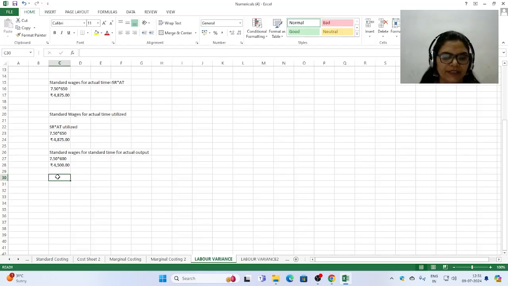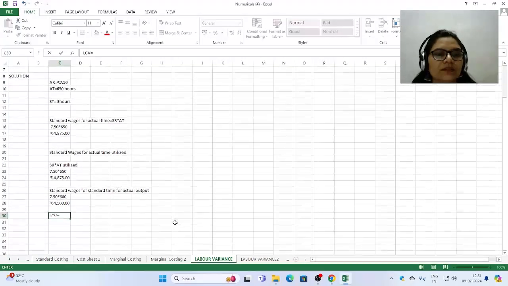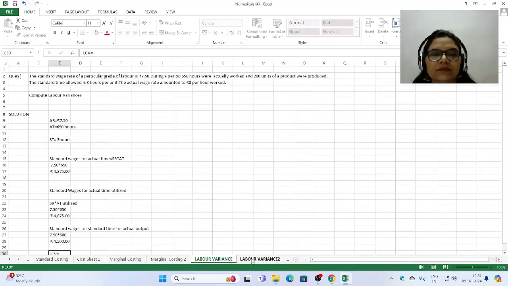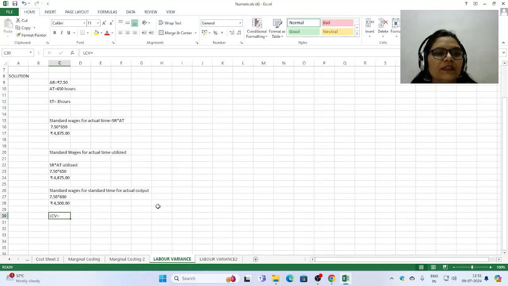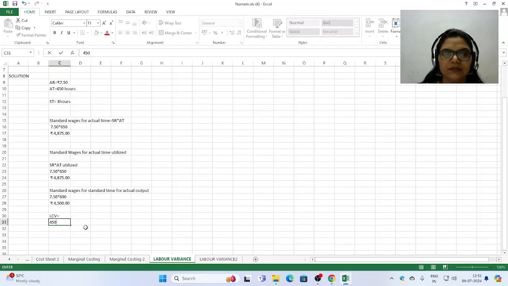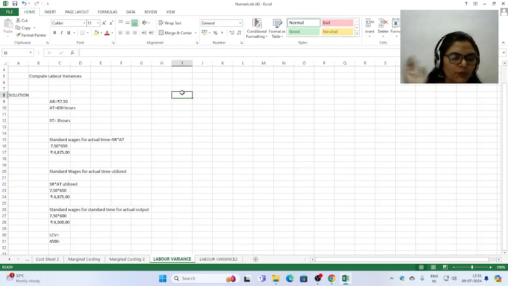Now we will calculate labor cost variance. We know labor cost variance is standard time into standard rate minus actual rate into actual time. Standard time into standard rate has been solved earlier, that is 4500, minus actual rate into actual time. We have not calculated actual rate into actual time, no problem, we will calculate.